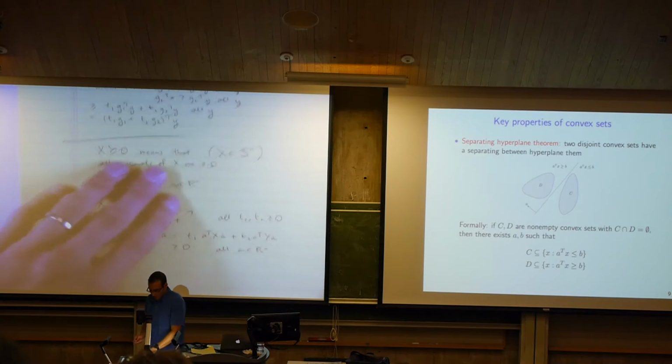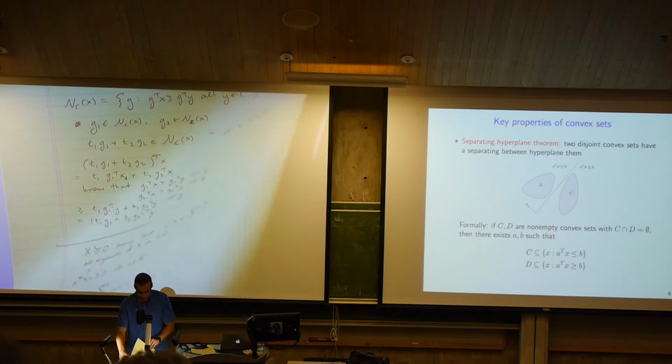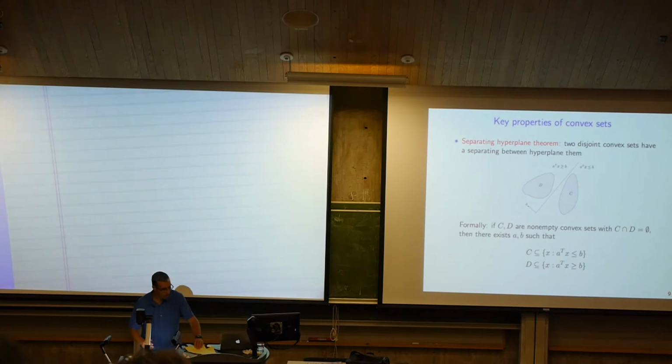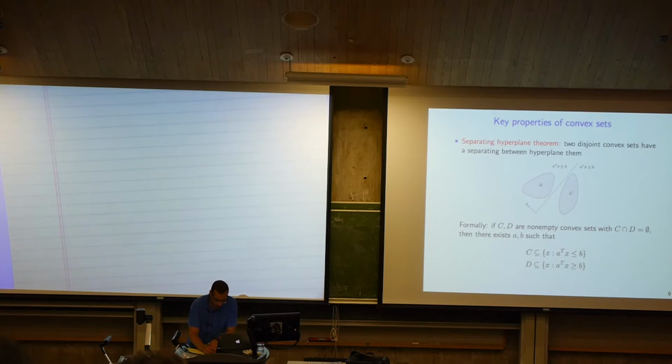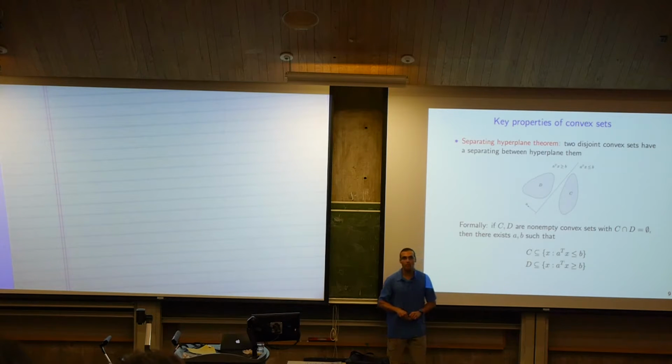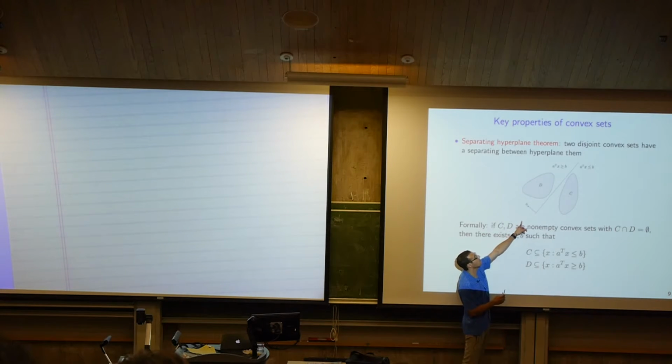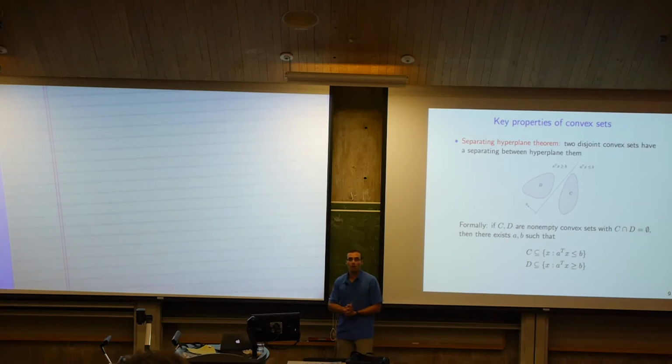So here's just a tiny bit of a brain teaser. What if I tell you that C and D are convex and I want strict separation, which means that I want to find an A and a B such that A transpose X is strictly bigger than B and A transpose X is strictly less than B. Is that always possible?